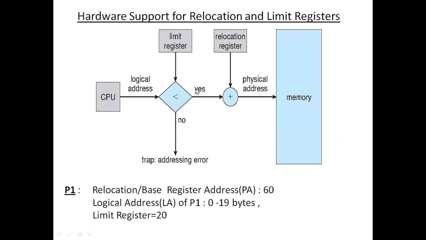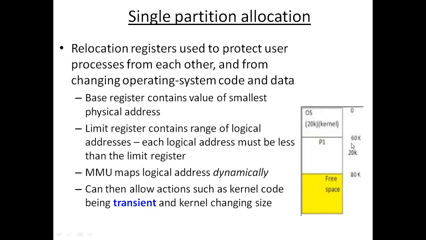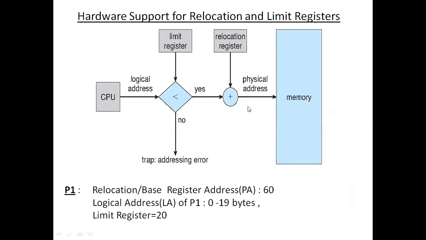If yes, then you add it to the base register value, which is also called the relocation register. In my case, what is the base register value? It is 60, right? So 60 plus 12. The address generated by the processor will be 72, right? So is 72 the right address for which my process is being fetched to be executed?